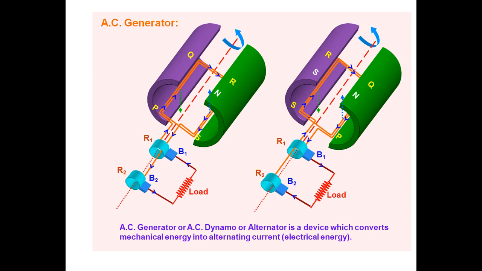So Fleming's right hand rule shows, suppose, three fingers of our right hand. When you stretch them at 90 degrees, the thumb shows the force, the forefinger shows the magnetic field, and the other finger, the middle finger, shows the current direction.